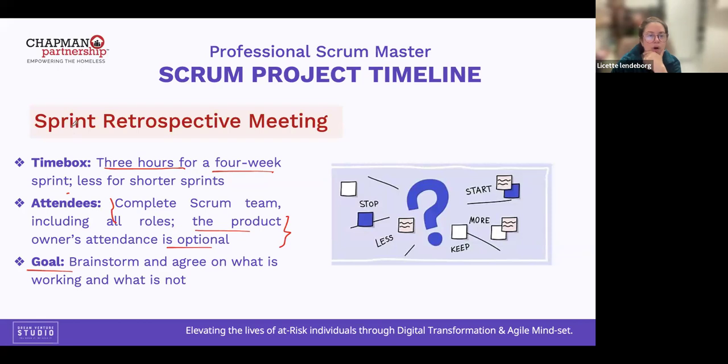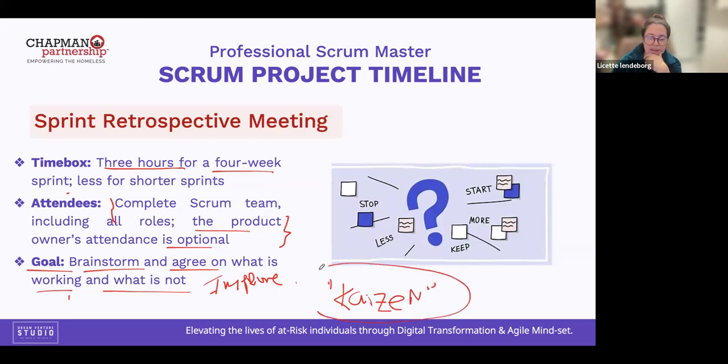What is the goal of the sprint retrospective meeting? It is to brainstorm and agree on what is working well and what is not working well. It's just to improve. Kaizen, improve. Kaizen is a Japanese word meaning change for better. There is always room to improve. Kaizen.